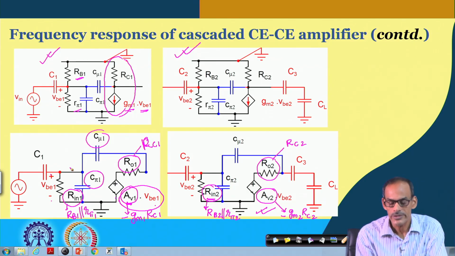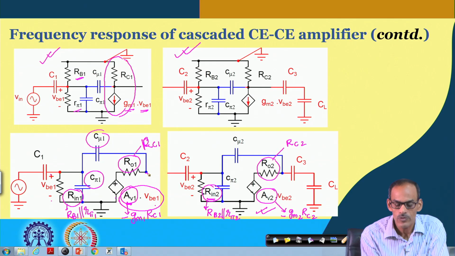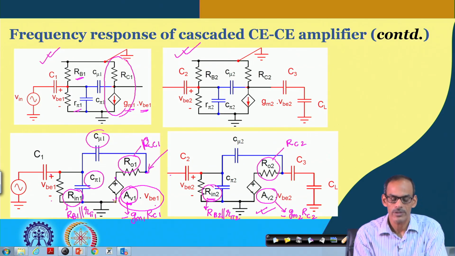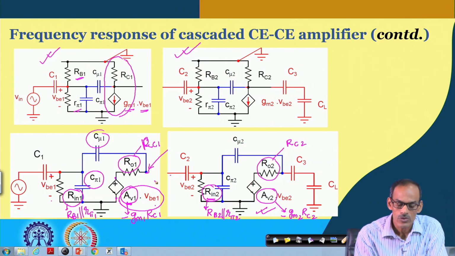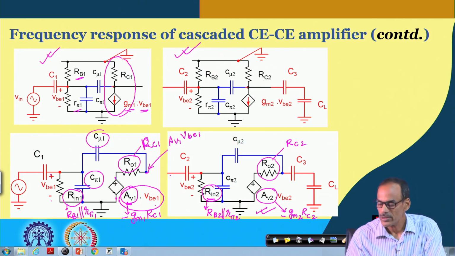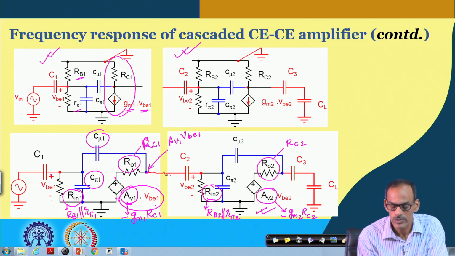Now, after this, whatever signal we get here before we connect this circuit, we obtain the voltage here almost the same as the internal voltage we have. So, the voltage here is AV1 into VBE1 before we make this connection. But the moment we make the connection, what happens is that Rin2 loads the previous stage.